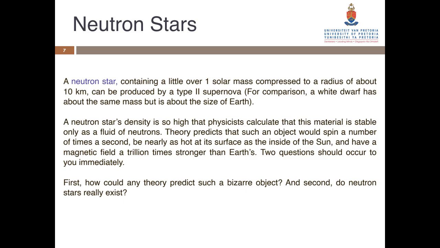A neutron star's density is so high that physicists calculate this material is stable only as a fluid of neutrons. Theory predicts that such an object would spin a number of times a second, be nearly as hot at its surface as the inside of the sun, and have a magnetic field trillions of times stronger than Earth's.